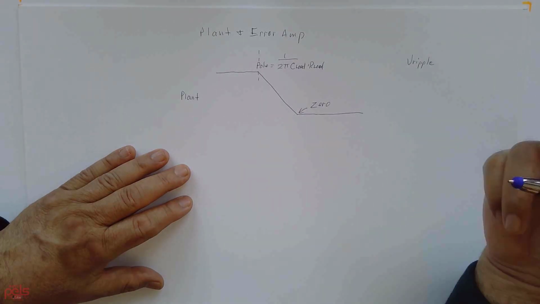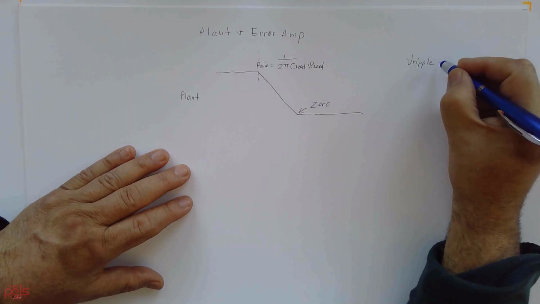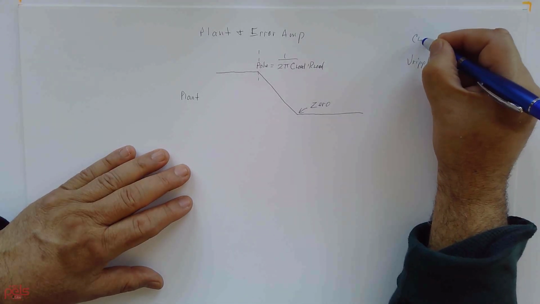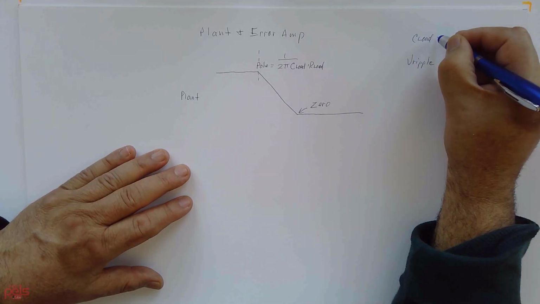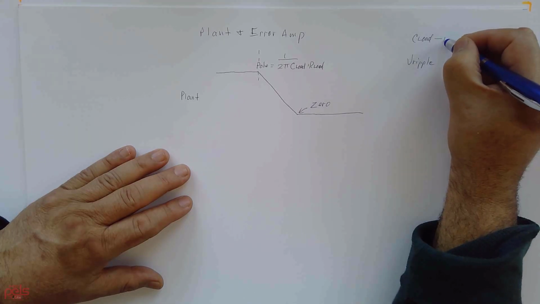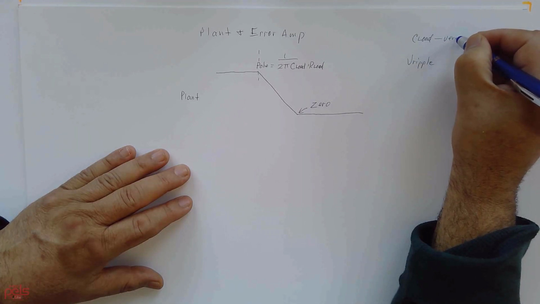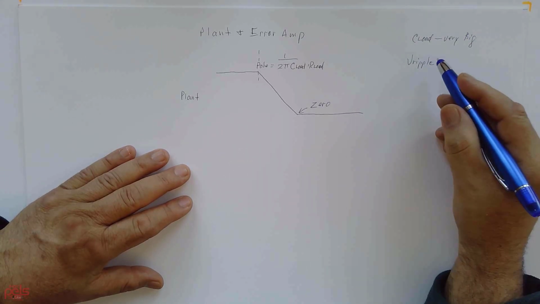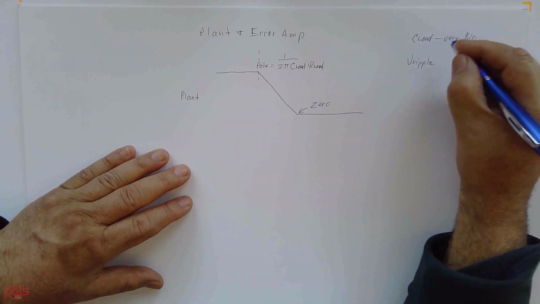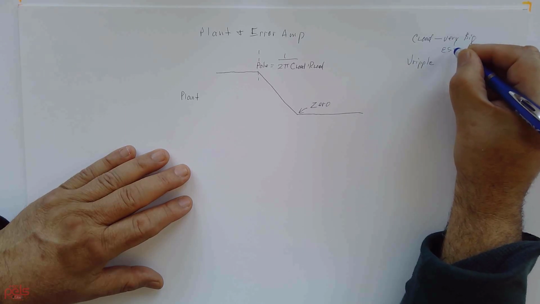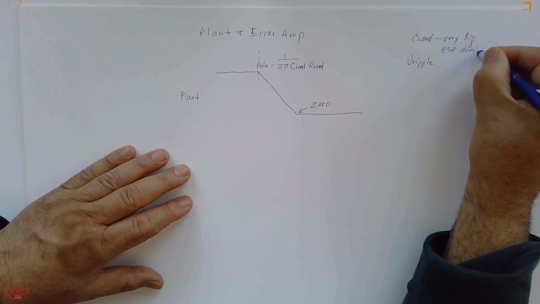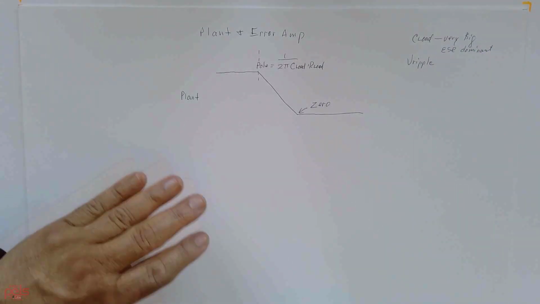Typically, your ripple is a combination of two things. If you make C load very big, then the ESR will be dominant.